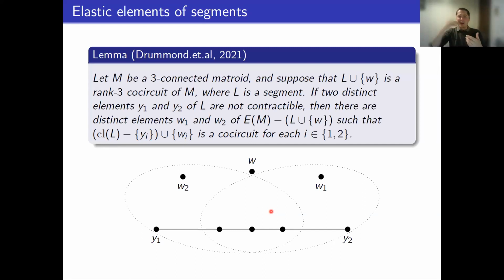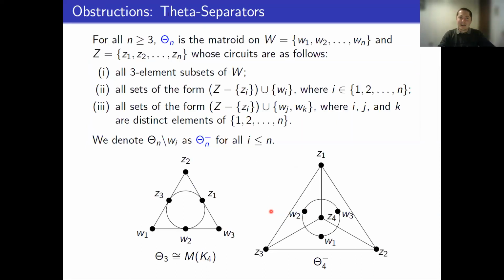And it turns out that we can use closure arguments to see that those W's are going to end up forming a co-segment. That is a segment in the dual. So what is a big old line and a big old co-line, as it were, a big old co-segment? It's this funky thing called a theta matroid.